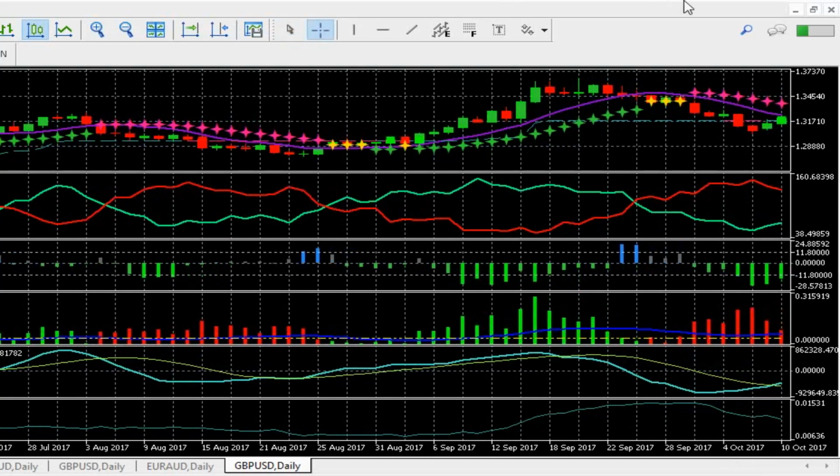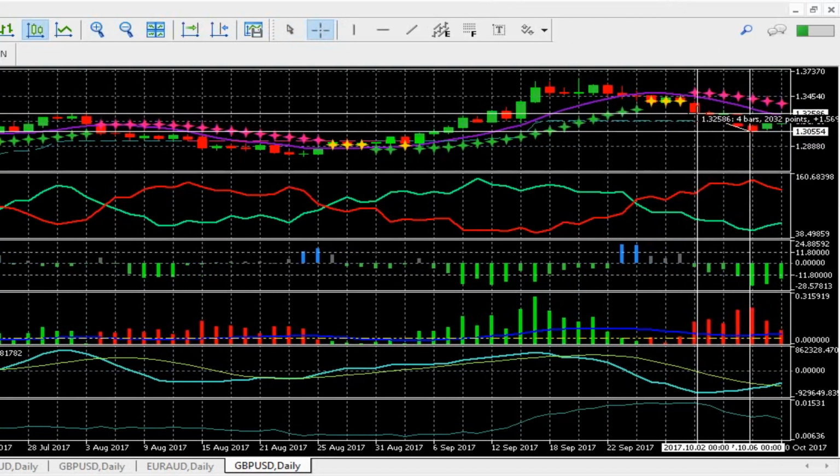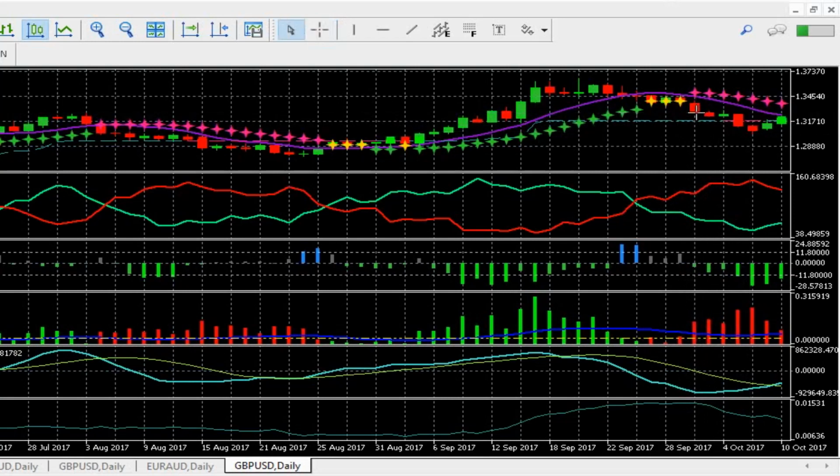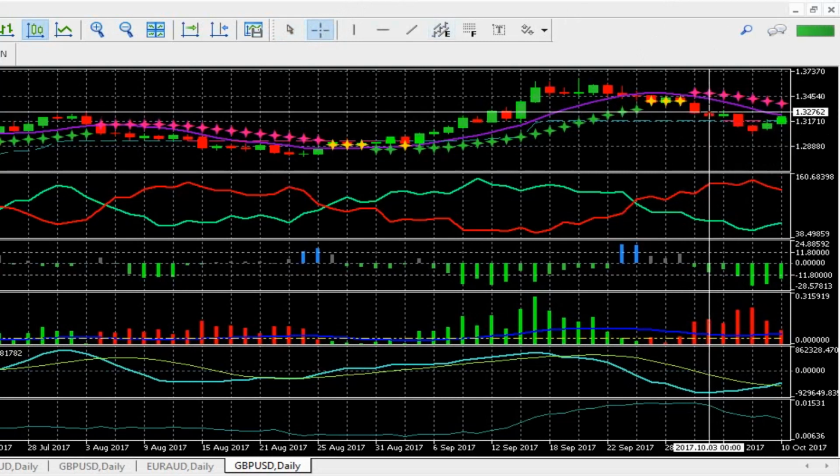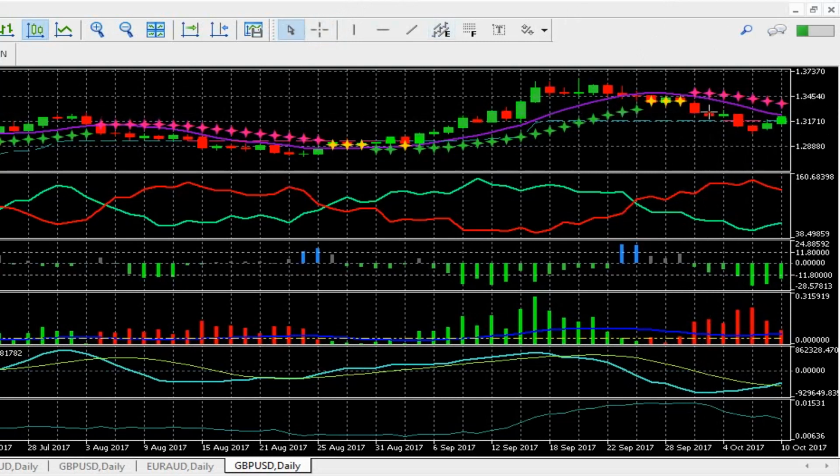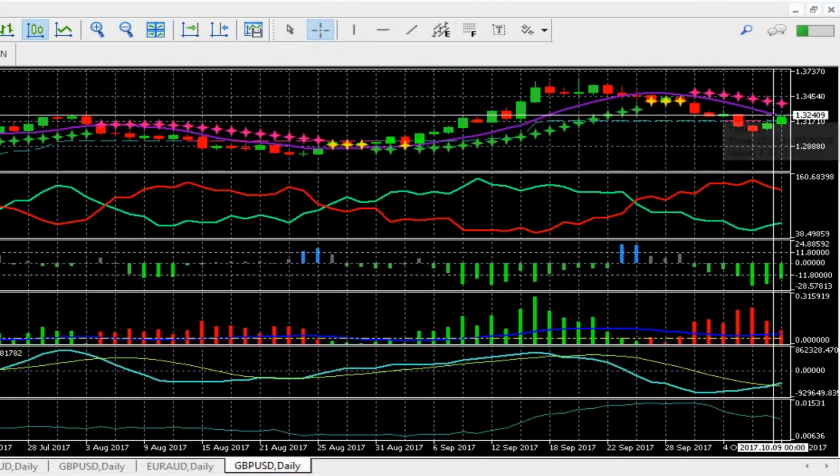Okay, so where did the bottom of that get to? So 200 pips, so take profit 1 would have been hit. You would have moved your stop loss back to break even. It wouldn't have been hit yet, so you're still in this trade until your exit indicator tells you to leave, which actually was on this candlestick anyway.